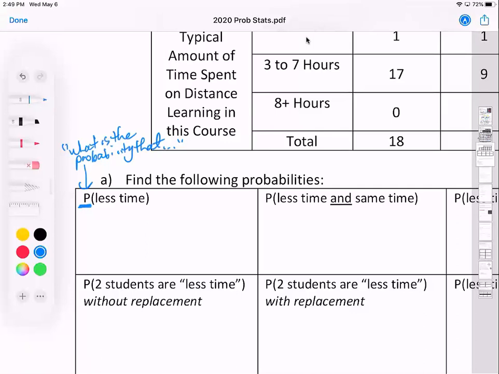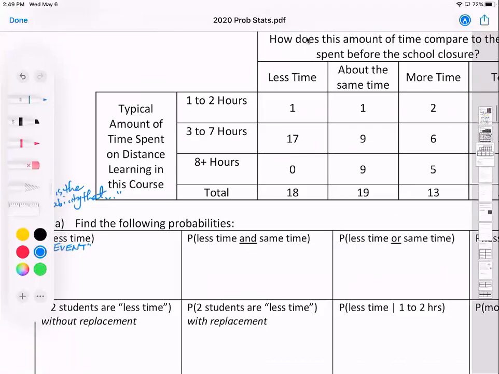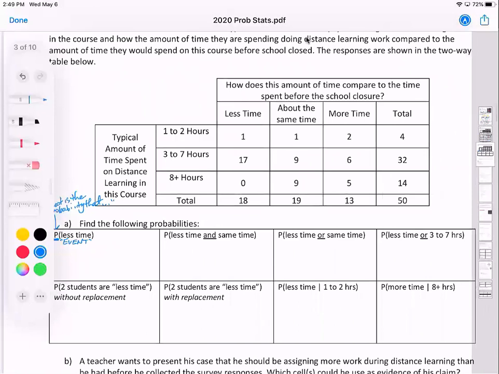And in the parentheses is the event of what's actually occurring. The event is that they spend less time on their AP Stats distance learning work. Less time is 18 students out of 50, so the probability would be 18 out of 50.